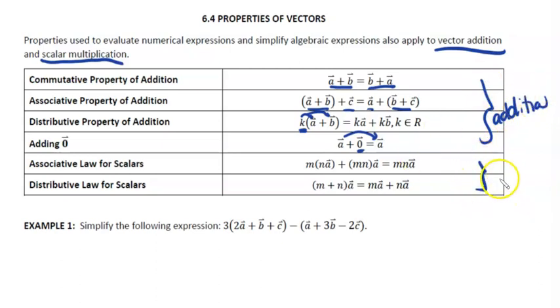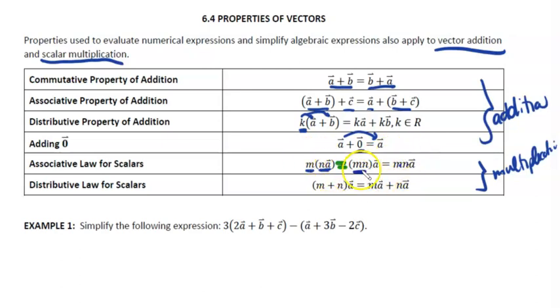Now the last two are the properties of multiplication. The associative law for scalars: some scalar m multiplied by some scalar n times vector a is the same thing as multiplying the scalars first and then multiplying that by vector a, or just in order, m times n times vector a.